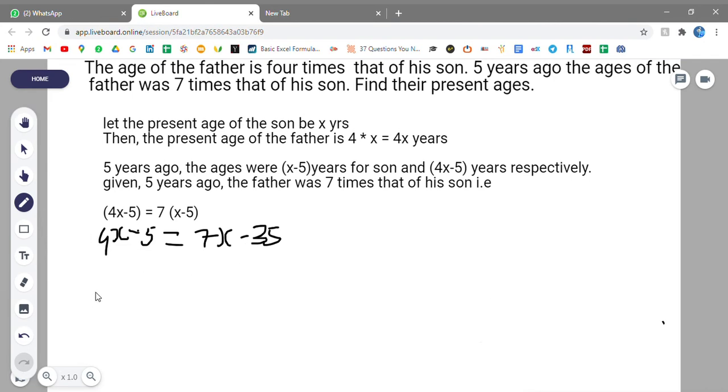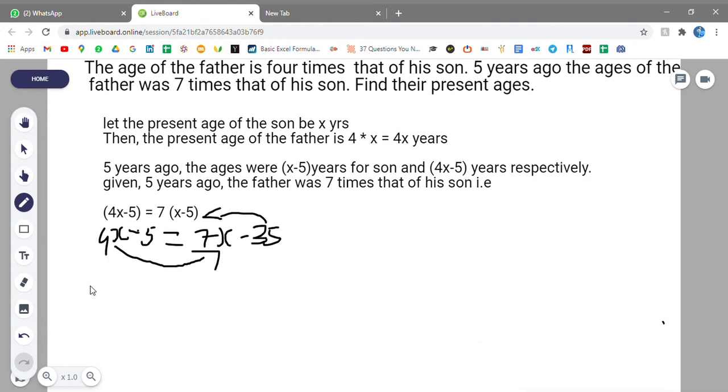Now the next step is simplification. You just have to get all the x to one side and all the constants to the other side. I am going to take 4x to the other side and bring 35 to the left hand side.